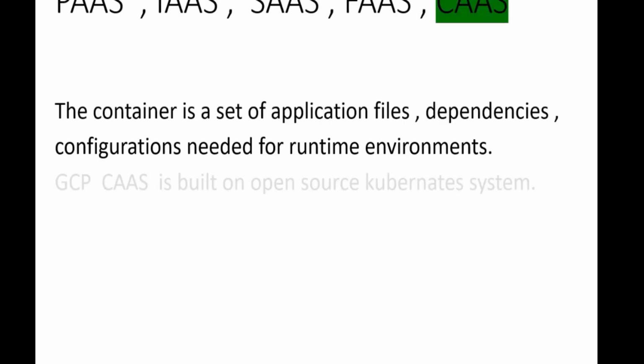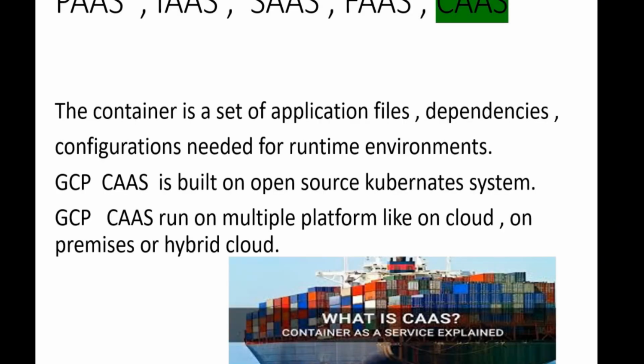Here, CaaS we talked about as content as a service, and in this example, Kubernetes can orchestrate multiple containers based on the load from the customer. We'll talk about it in detail later in the upcoming sessions.